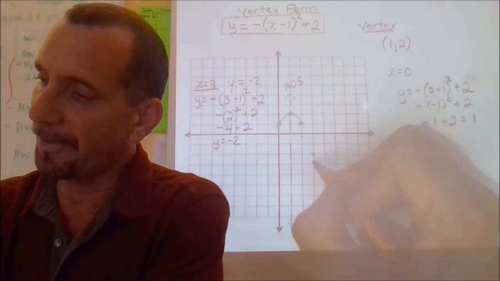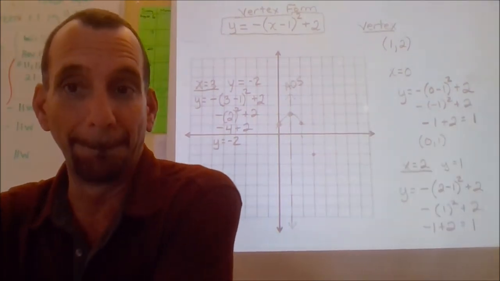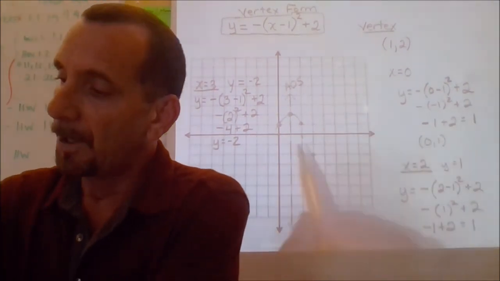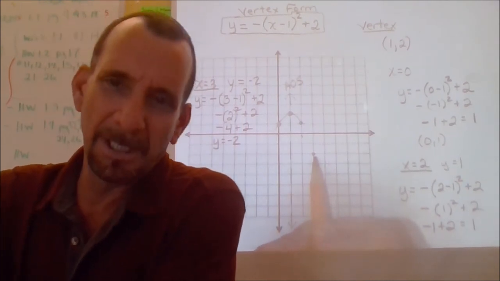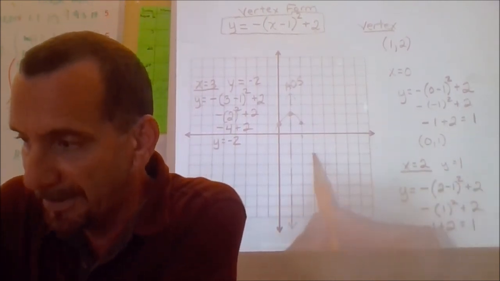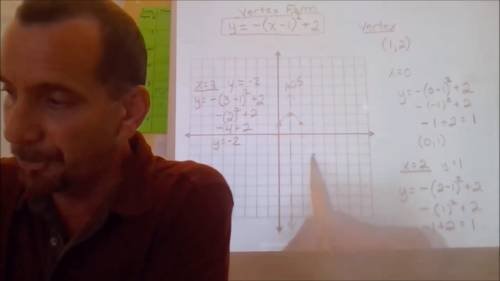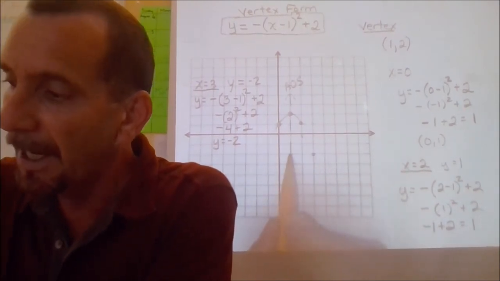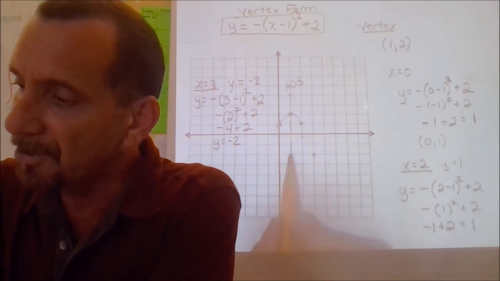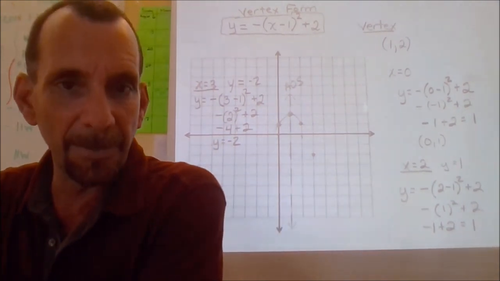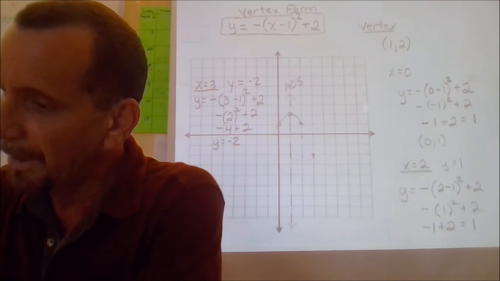Look how nice that parabola is starting to shape up. Now, that's about it. That's all we need for points, because once we've got this point at 3, negative 2, here's the axis of symmetry. That point is 2 units away from the axis of symmetry to the right.